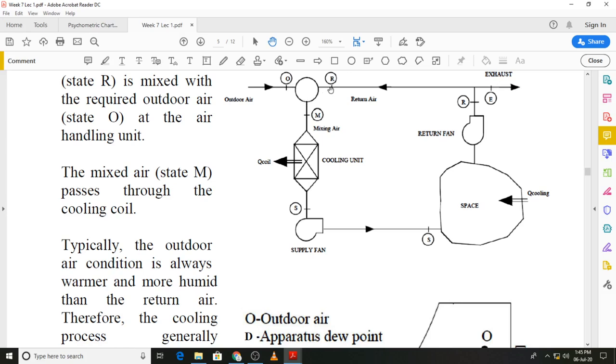So if, let's say, R is 1 kilogram per second and O is 0.5 kilogram per second, M will be 1.5 kilogram per second, and the same mass flow rate passes through the cooling unit. And remember, this is the mass flow rate of the dry air, so there's no change in this mass flow rate once it passes through the cooling unit, and it will be the same at state S.